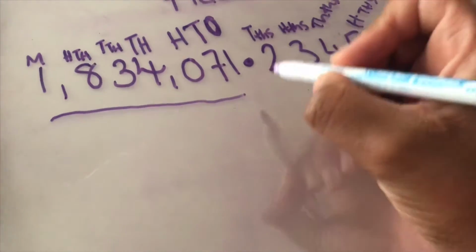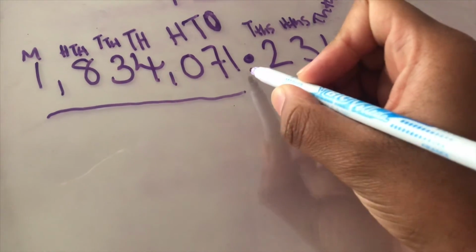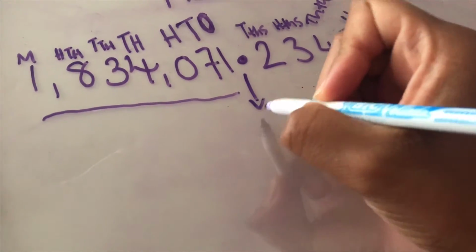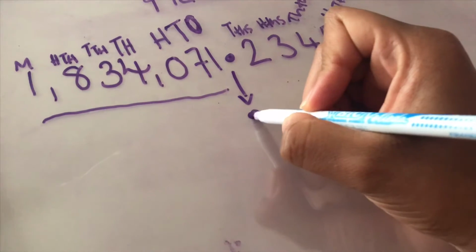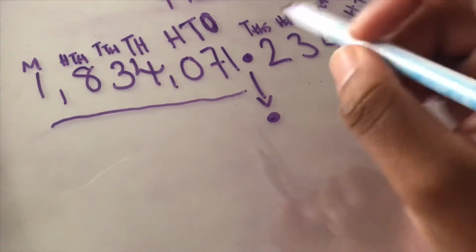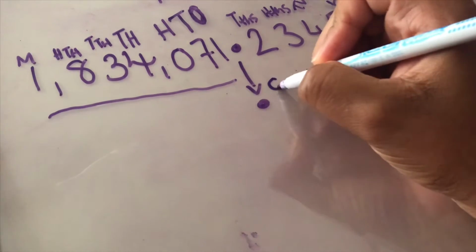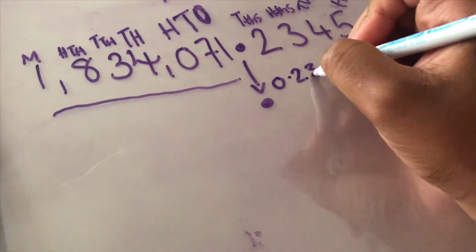Older kids, when you have a fraction, okay, a fraction of anything, the decimal point is important to look at where it is. You got this, okay. This as a fraction, imagine this was just 0 and this was 23 here, so imagine it was 0.23, okay.